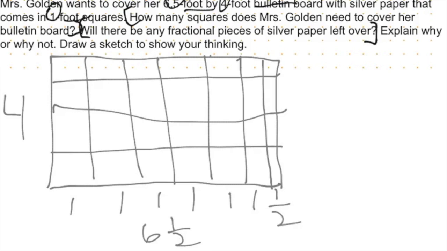Great. So now we're going to put each area inside each tile. So this is 1, 1, 1, and 1. So for this box, 1 times 1 is 1 unit squared. It is extremely important to remember our unit squared.